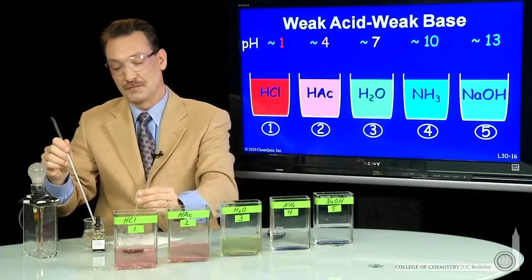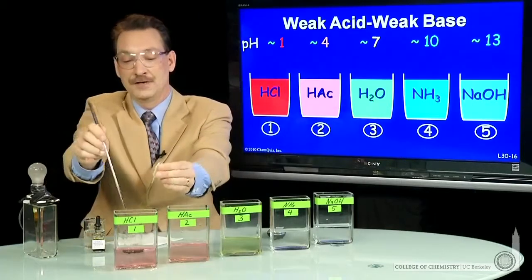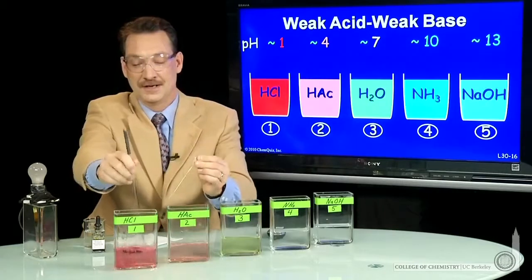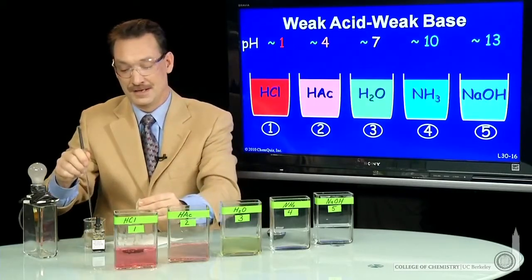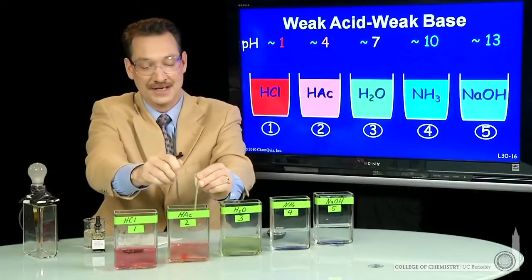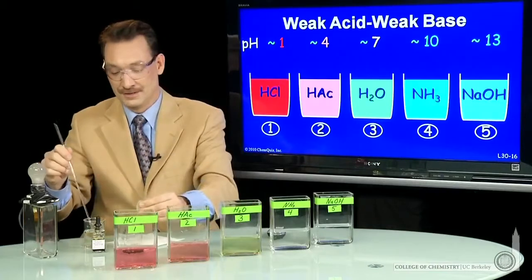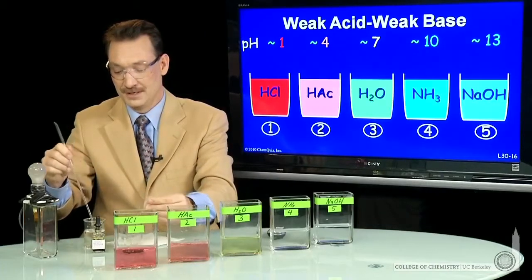Let's add a little more so that we get a little darker color. Here's my strong acid solution. Here's my weak acid solution. I already added a little indicator to the water, so we'll skip over that one.